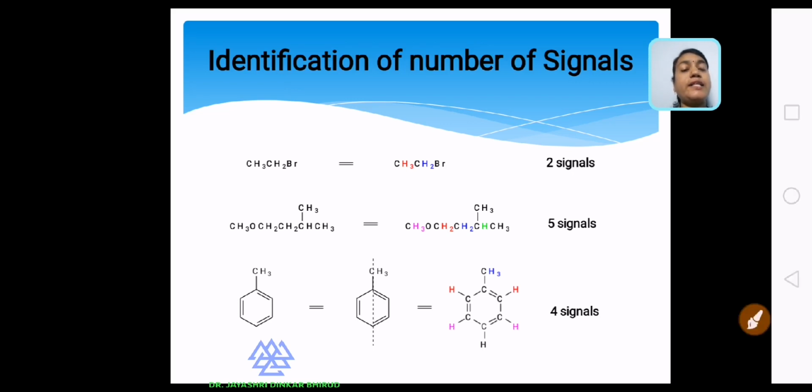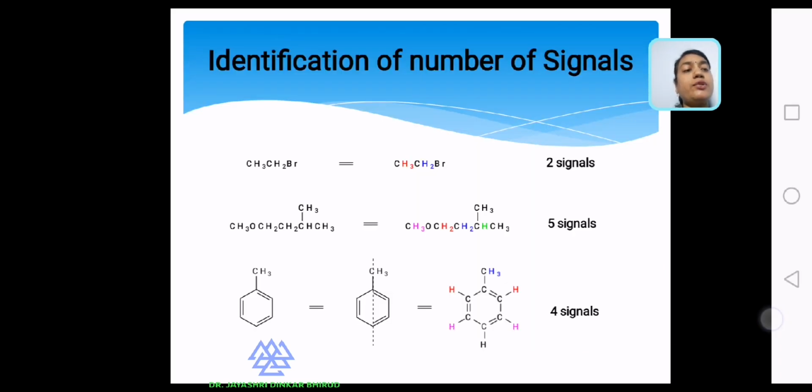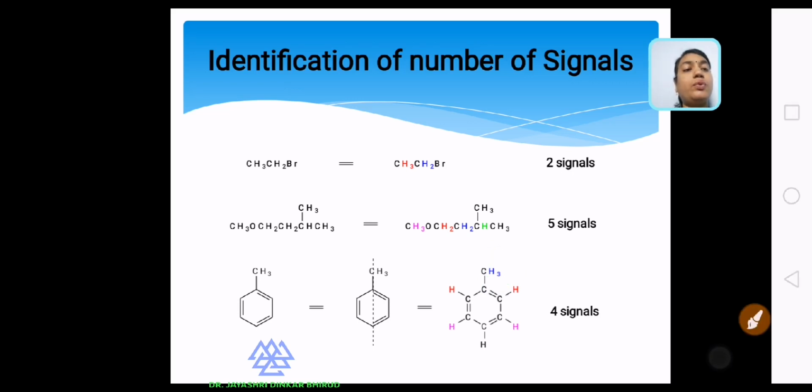See the next example, toluene. My CH3 group is attached to the benzene ring. So, see here. In the case of toluene, one signal is for the CH3 group. This benzene ring is symmetrical.